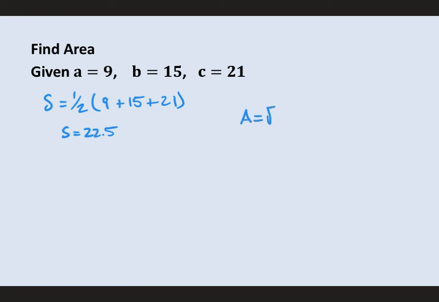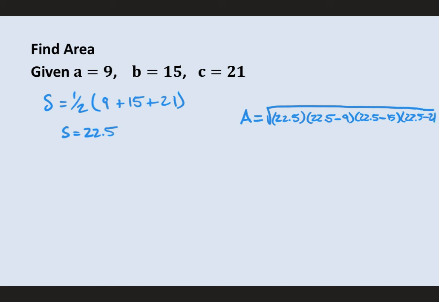Then I'm going to calculate the area. To calculate the area, I do the square root of my semiperimeter, 22.5, times my semiperimeter, 22.5, minus A, which is 9, times the 22.5 minus B, which is 15, times the 22.5 minus C, which is 21.